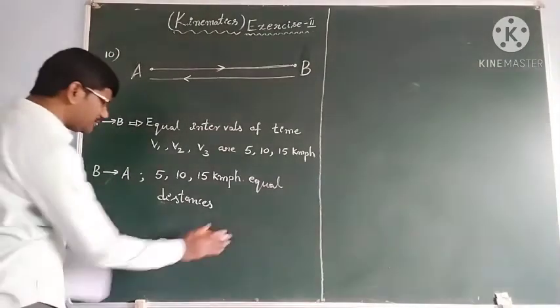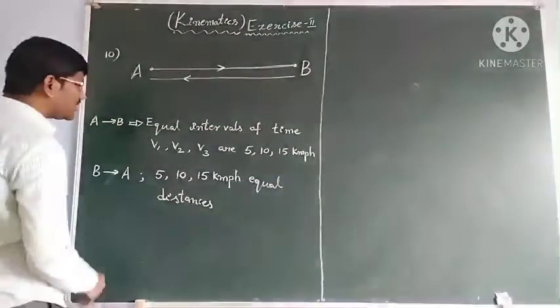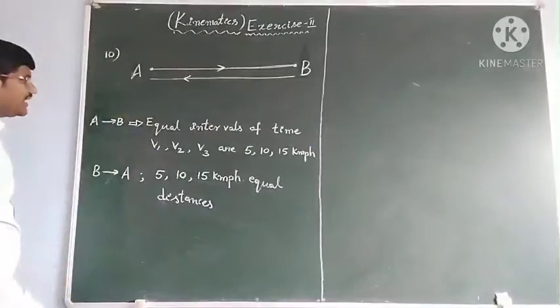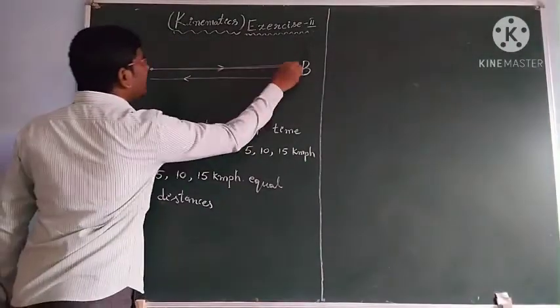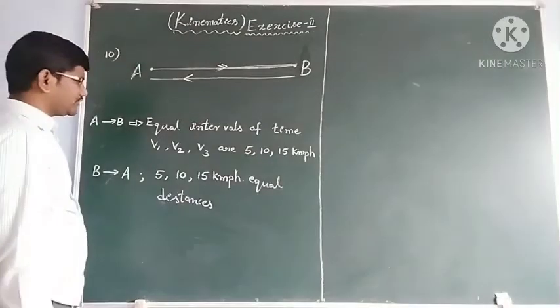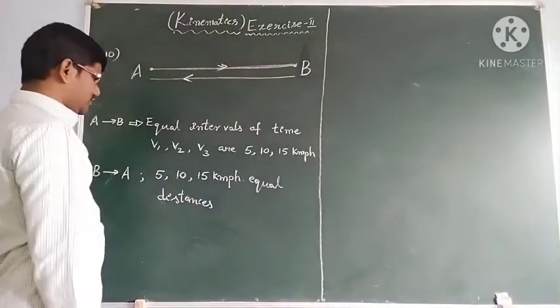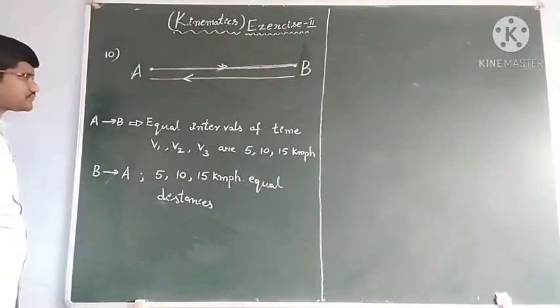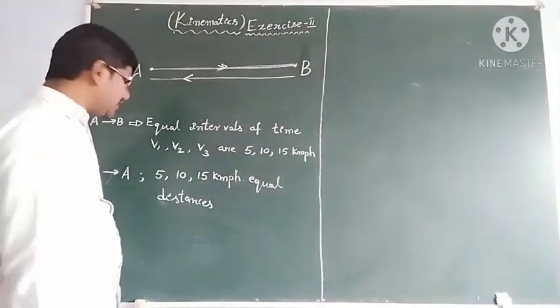Find the average speed of the boy. The question mark is the average speed for the entire journey, A to B and B to A, that we have to find. Okay, students, this is the question given for us.